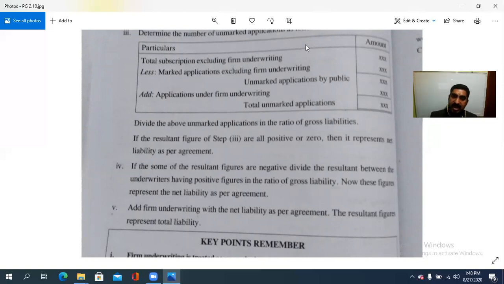So divide the above unmarked application in the ratio of the gross liability, and if the resultant figure for the step 3 total unmarked application is positive or zero, it represents the net liability.